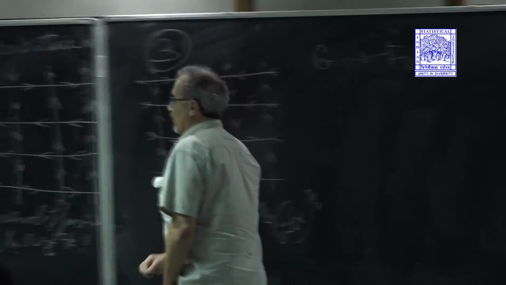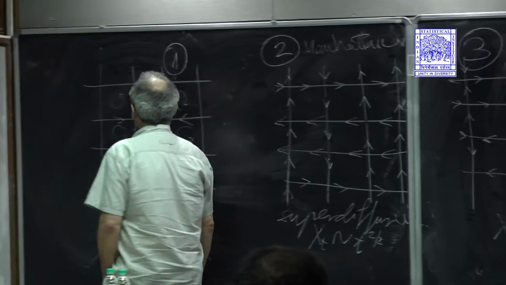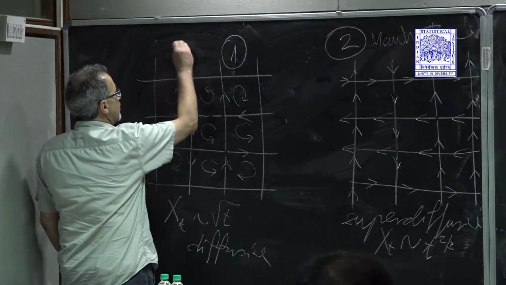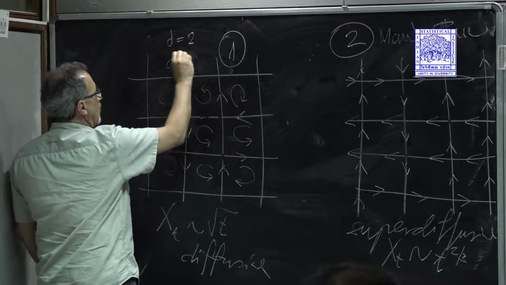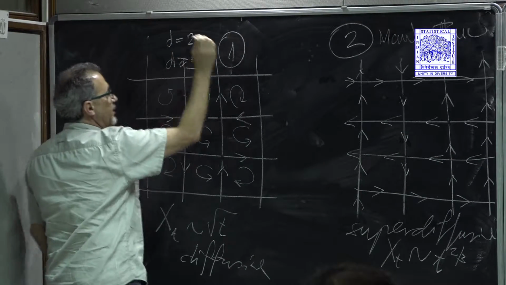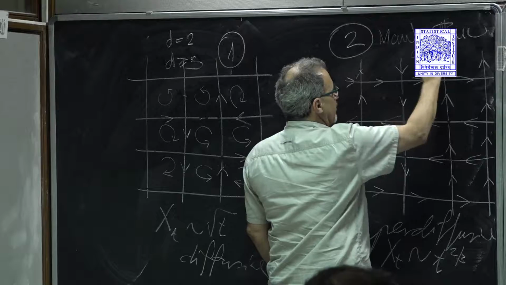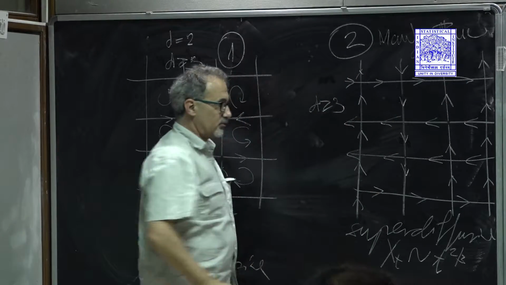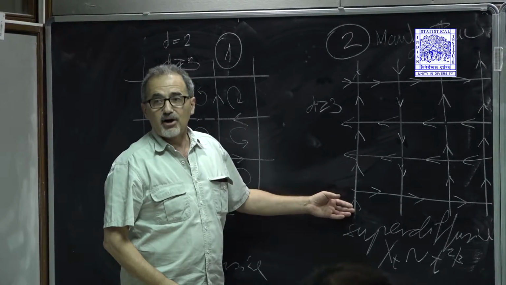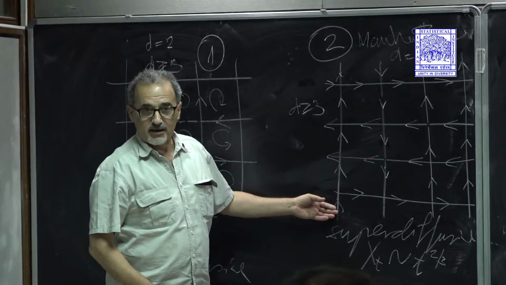Before going on, this is d equals 2, but you can define all models for d greater than or equal to 3. Take 3-dimensional grids and do exactly the same.